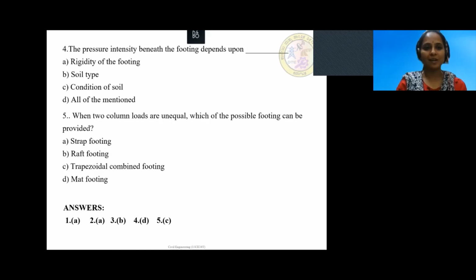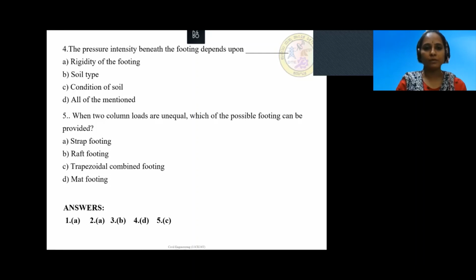Okay, the answer is all of the mentioned above. It means pressure intensity depends on all the factors: rigidity, soil type, condition of the soil. Right?